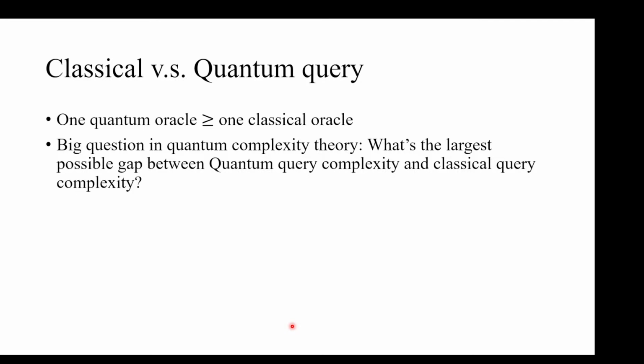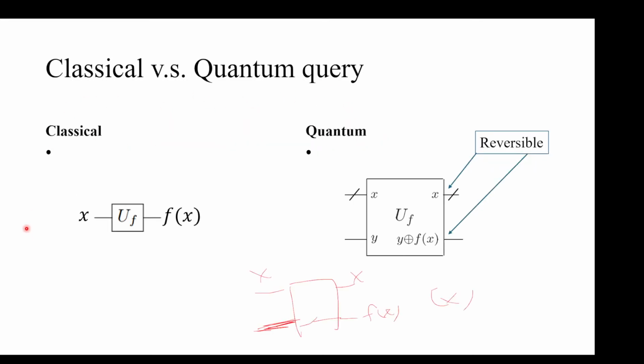And finally, my last slide of rambling is that it's very easy to show that the power of one quantum oracle is more than the power of one classical oracle. Basically, if you want to compute f of x from this thing, you just put x here and put a 0 here, and you will compute f of x.